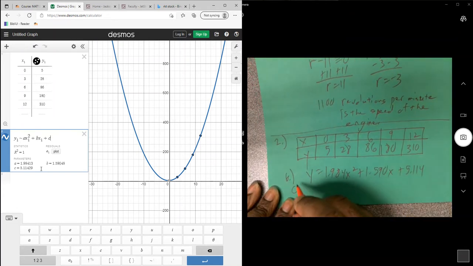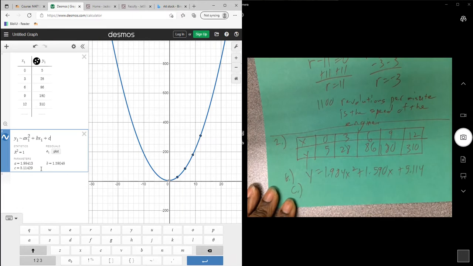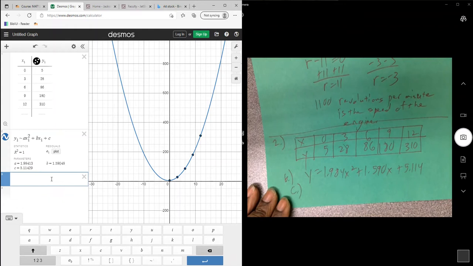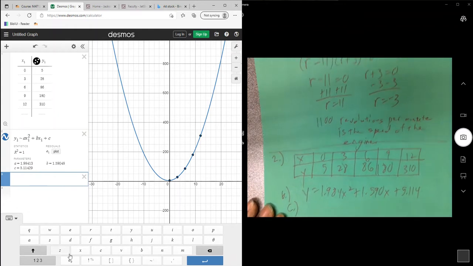Now we go to C. It says graph the regression equation using your graphing calculator. So basically we need to type this in.